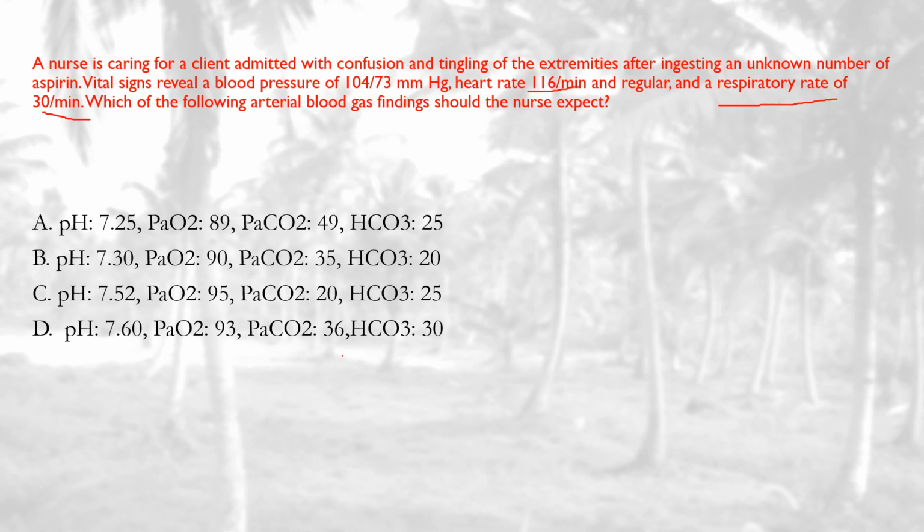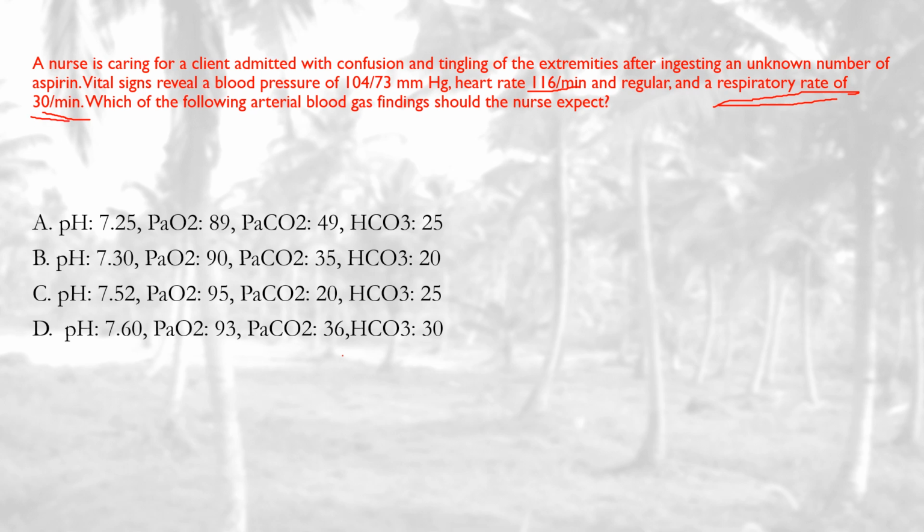You're at risk for acidosis because you're keeping in that CO2. You're not blowing out that CO2. So with these clues, it says right here, respiratory rate. We're thinking respiratory. It's going to be respiratory alkalosis.